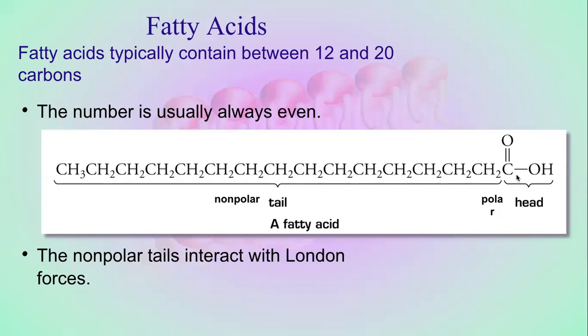But this is a C with a double bond O, and then it has this alcohol group making it a carboxylic acid, and this is going to be its polar head group. And these non-polar tails interact with each other through London dispersion forces. And those London dispersion forces are very weak, but they are interactions that do occur and impact how fatty acids behave.